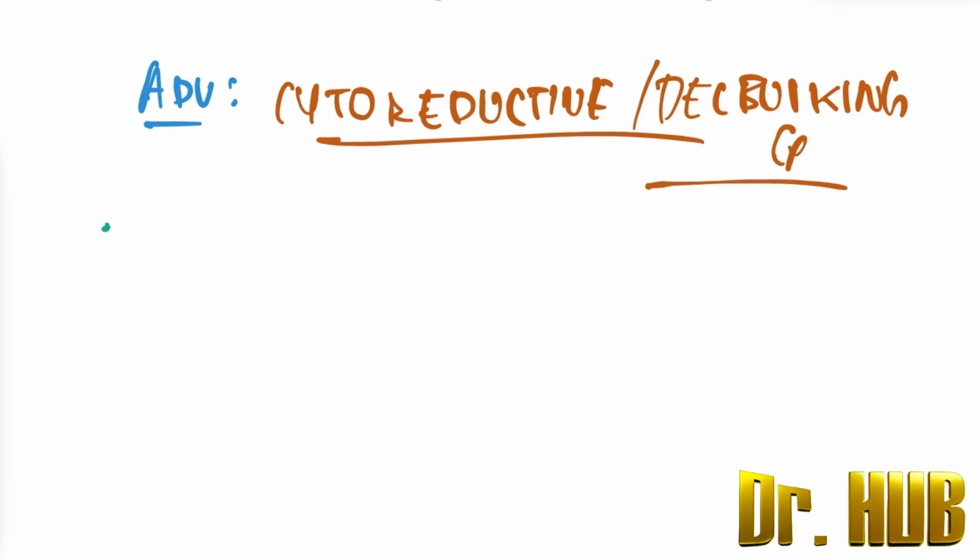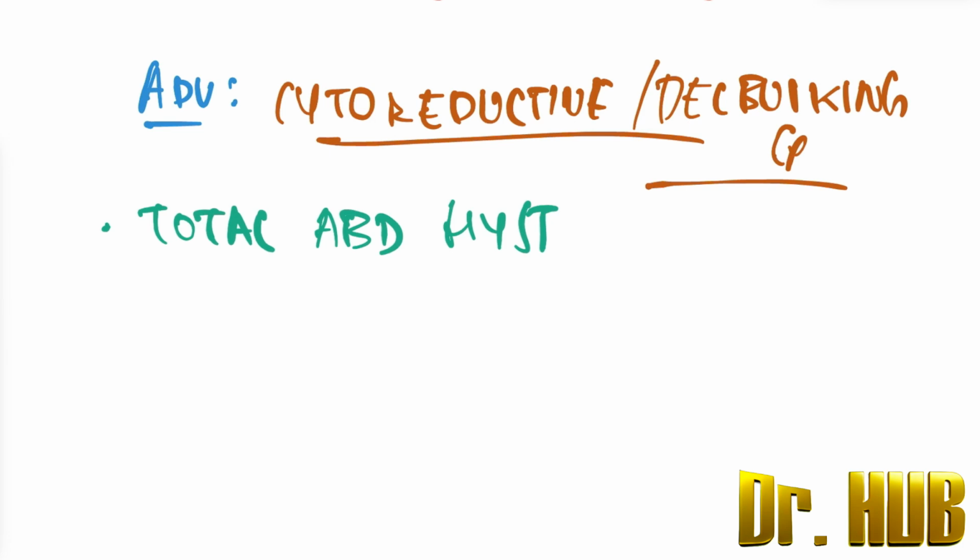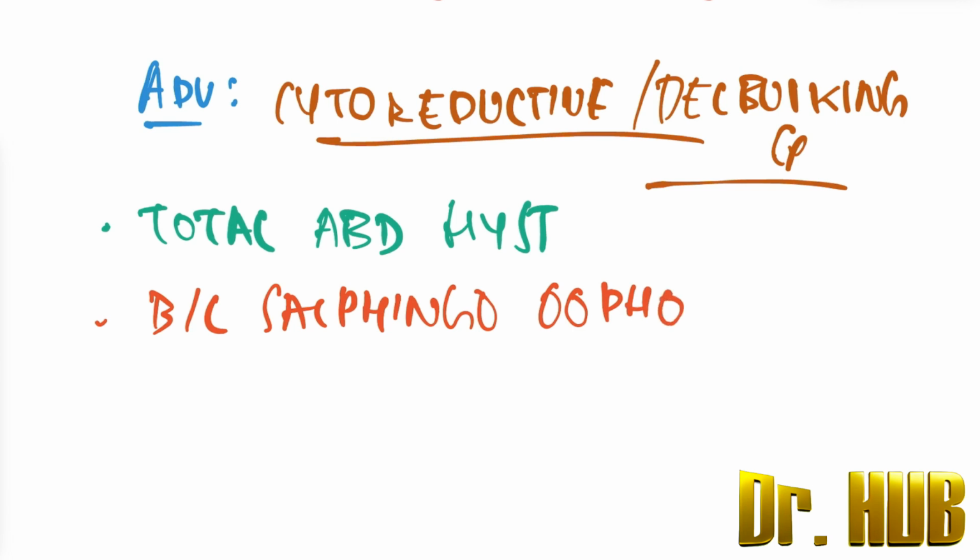In such a case, there is a total abdominal hysterectomy, and there is bilateral salpingo-oophorectomy.